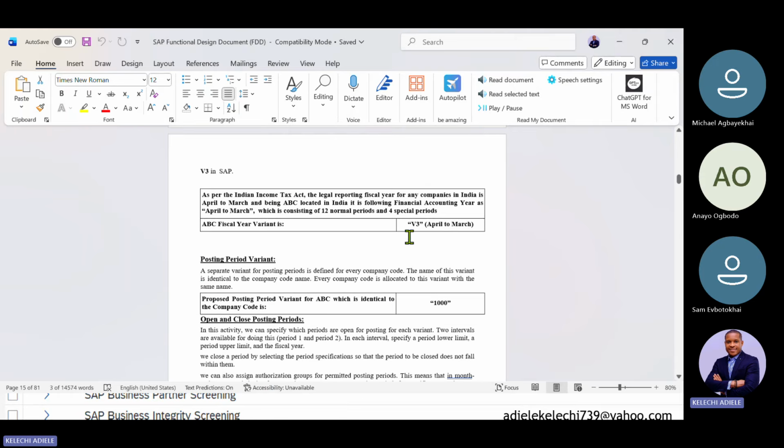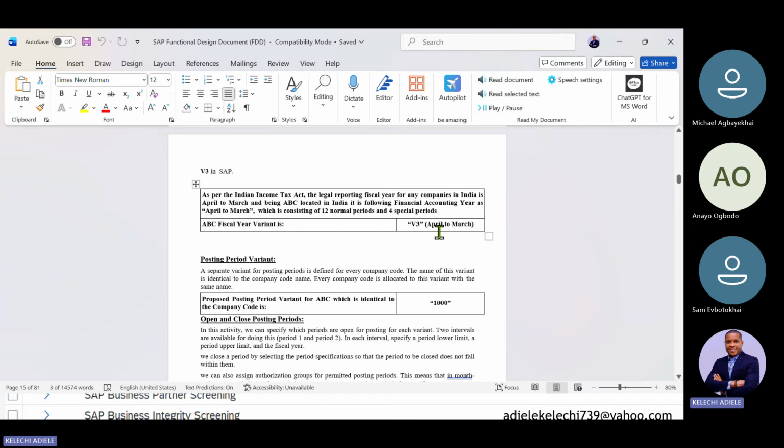Fiscal year, we have a fiscal year. This is now March. This is what we call year end. It's not a 12 months kind of structure.